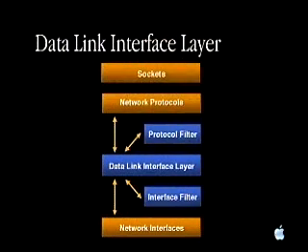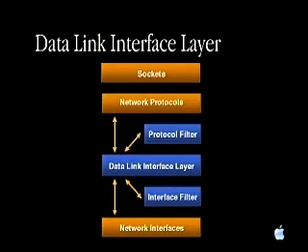So the third layer that we have in the Darwin kernel is a new one. It's called DLIL, the Data Link Interface Layer. We'll go into detail about this. It sits in between the network protocols and the network interfaces.